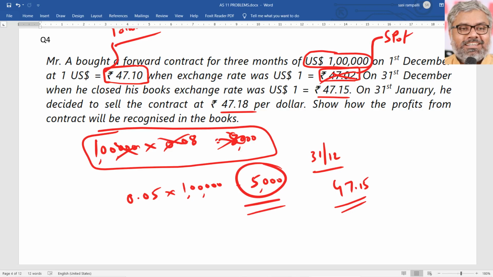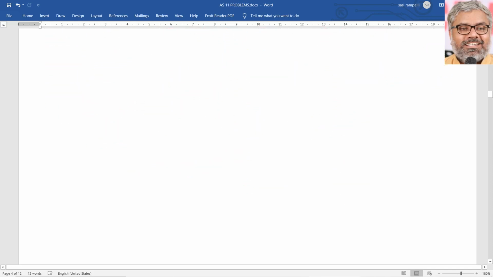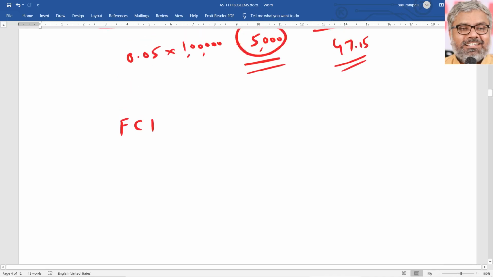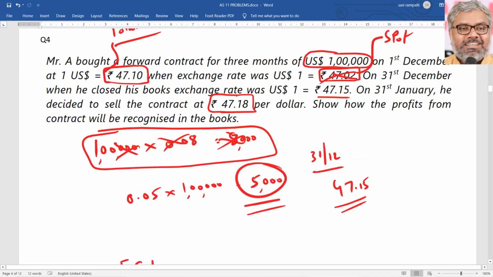Then on 31st January he decided to sell the contract at 47.18 per dollar. Already he has decided to sell the contract. So just for understanding purposes, let us call this forward contract as an investment, just for the namesake.